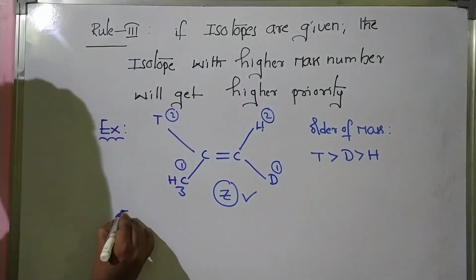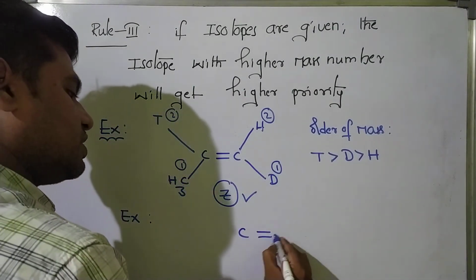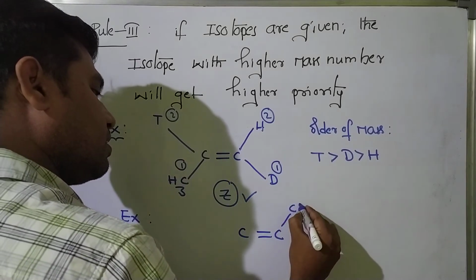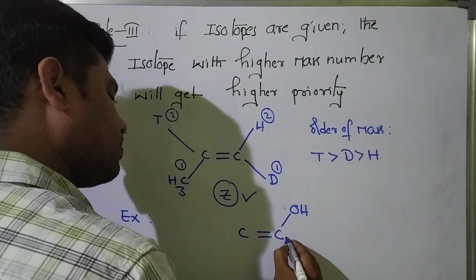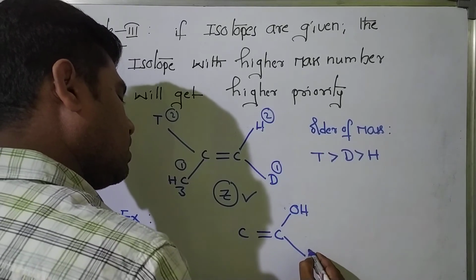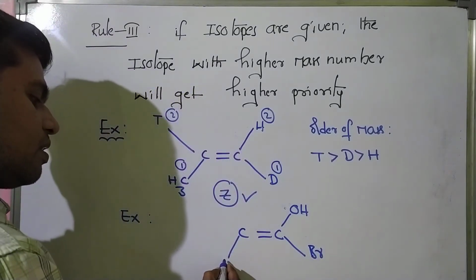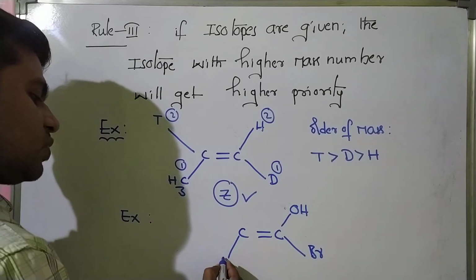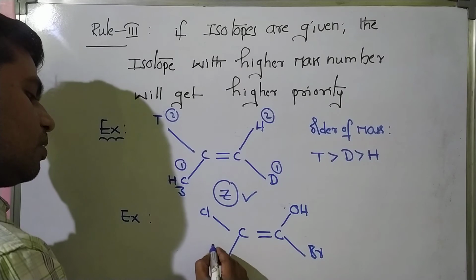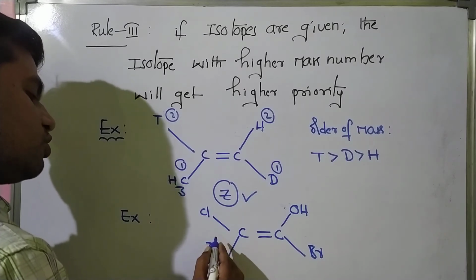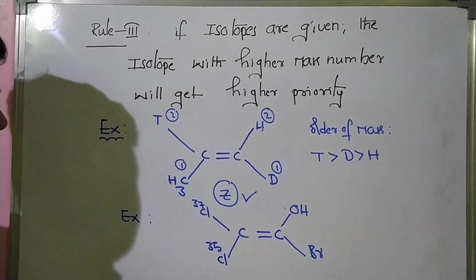Next example. C double bond C, OH, bromine, chlorine. Here chlorine 35 isotope, here chlorine 37 isotope are given.